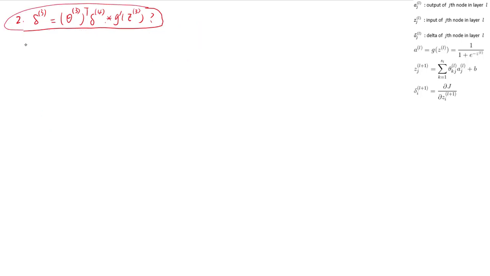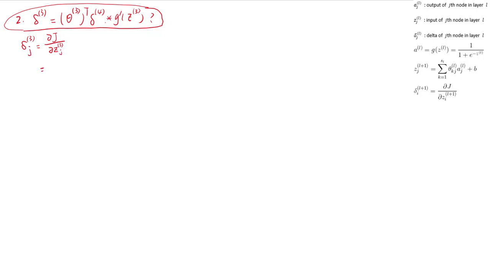Based on the definition of delta showing on the right, we have delta 3 equals partial J over partial z3. Sorry, I need to add the index here.